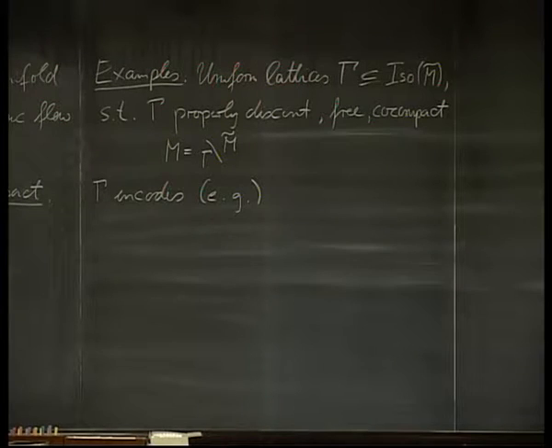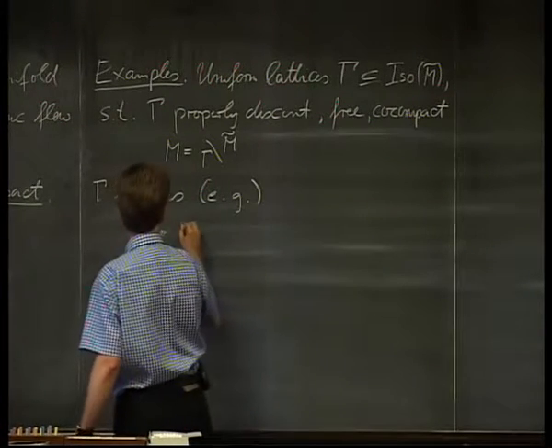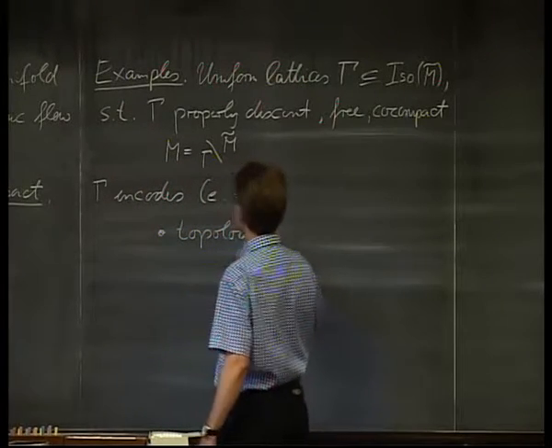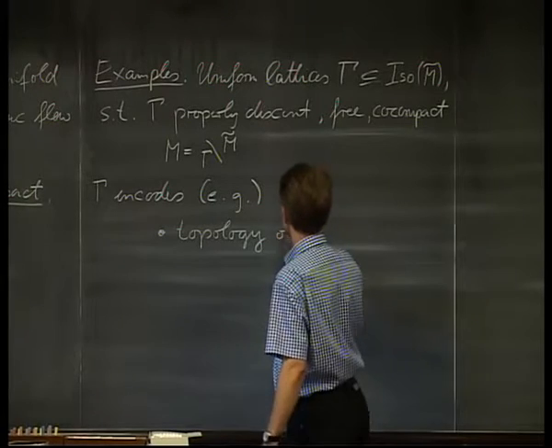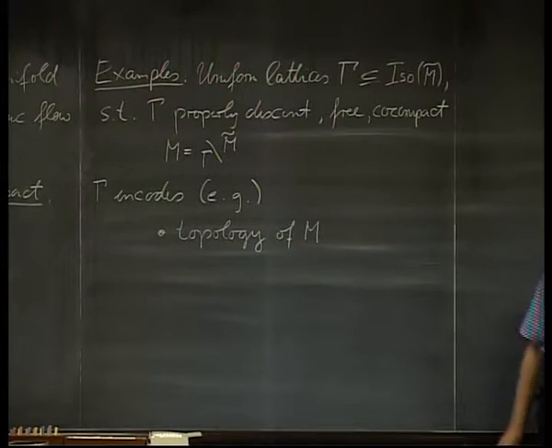Let me just give some examples. Of course, gamma encodes all information about the topology of M, since M tilde is contractible. For example, the group cohomology and the cohomology of M coincide.